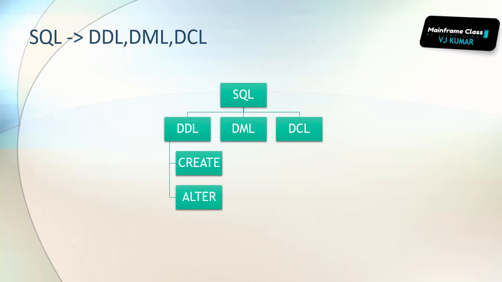Then after that, let's say today you have created some table, and tomorrow you feel like, okay, I missed one of the fields. Can I alter this table? Yes, you have an option in DDL to alter the table by using an alter command.